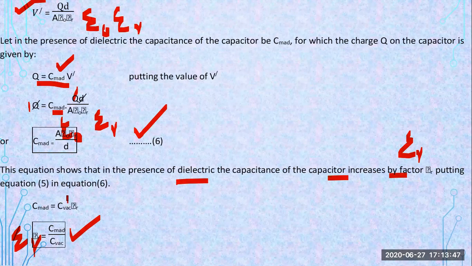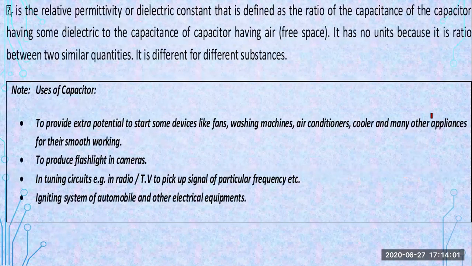So this clearly shows that if you introduce a dielectric other than air between the two plates, the capacitance of the capacitor increases by epsilon r times.